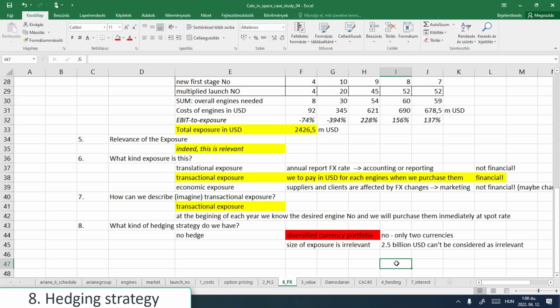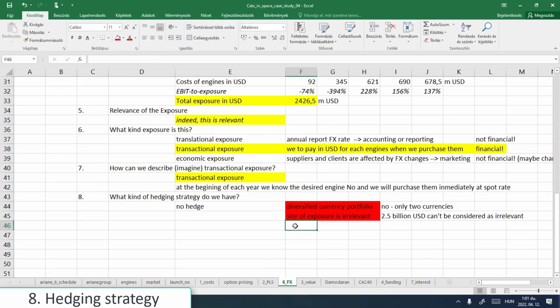But if your company has absolutely no US dollar exposure, then for you no hedge strategy will be immediately an option.